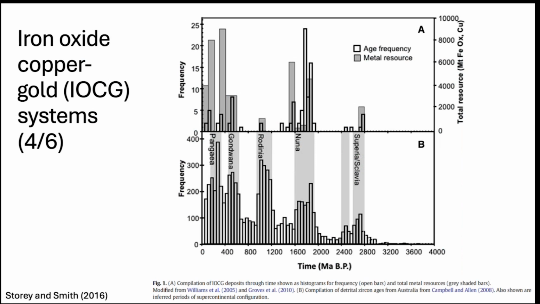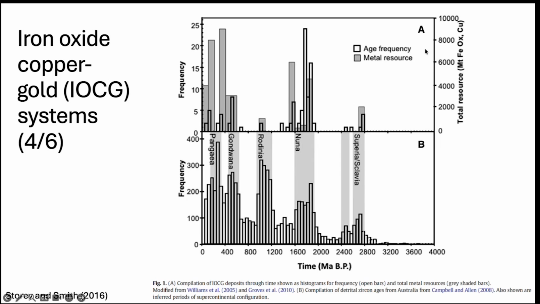So here's the chart. On the bottom is the distribution of zircons through time with some of the major supercontinent forming events. And on the upper side, in the open bars, we have the frequency of IOCGs through time. And then the gray bars represent the metal resources in megatons of iron oxide and copper.